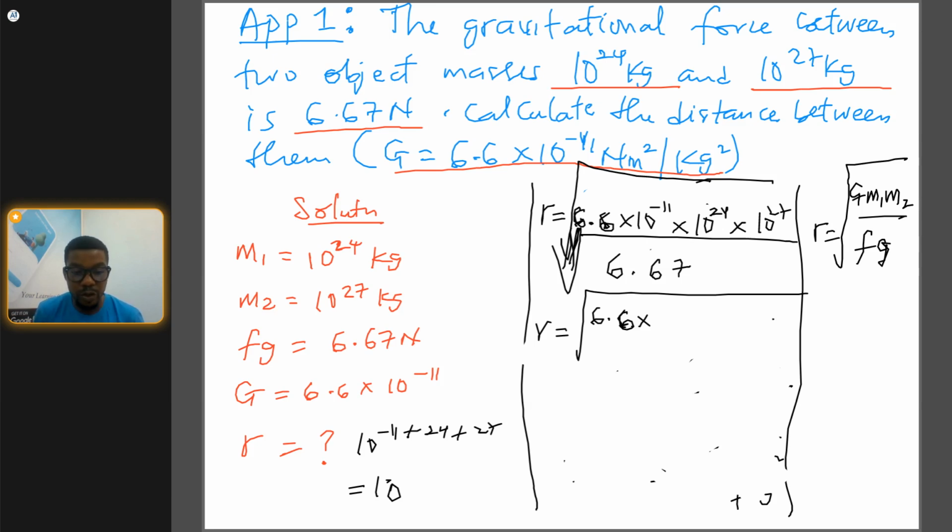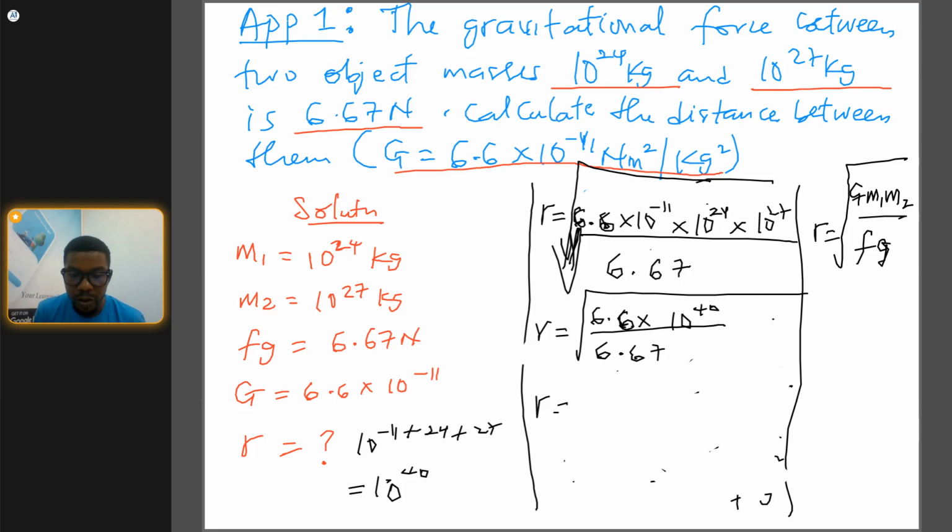That will give us 10 raised to power 40. So we have 6.6 times 10 raised to power 40 over 6.67.